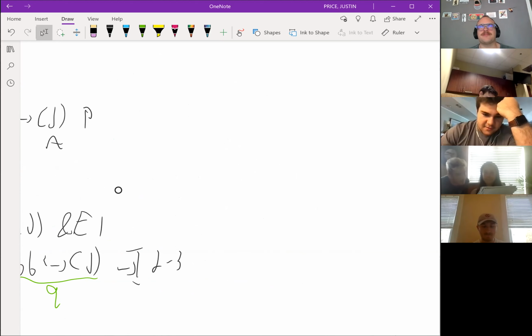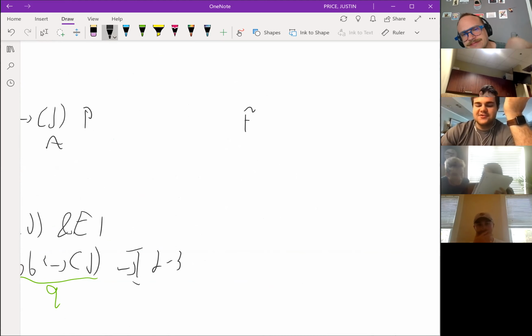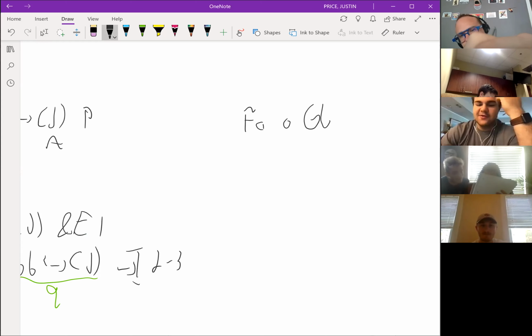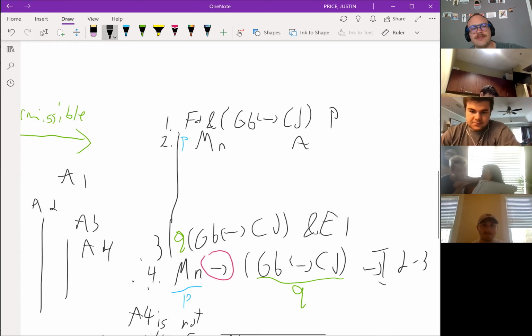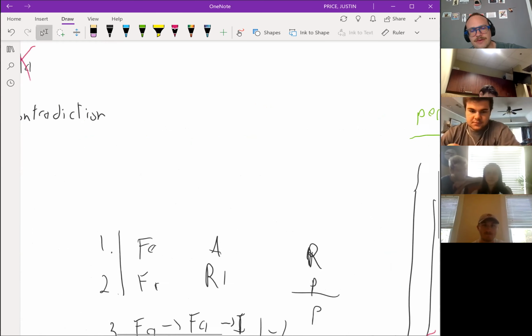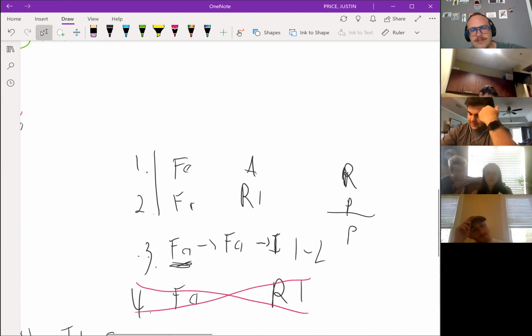It doesn't have to be something different. Yeah, I know what you're saying. Let me do an example. Anything can fit into those variables. So P can be the same as Q. When we used arrow introduction, P and Q in the schema were the same thing, right?